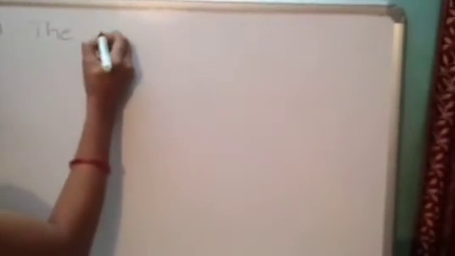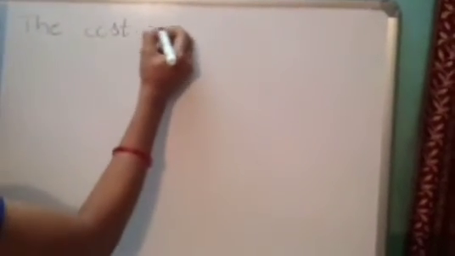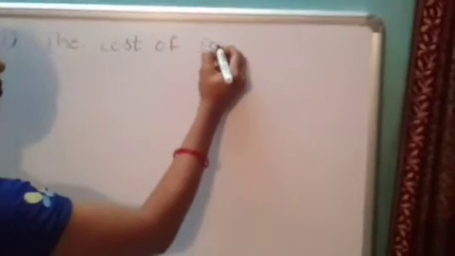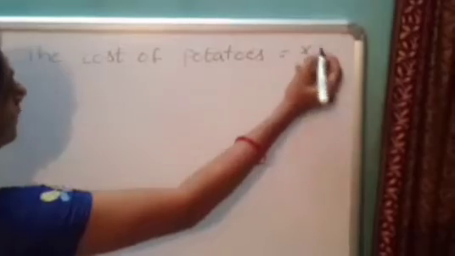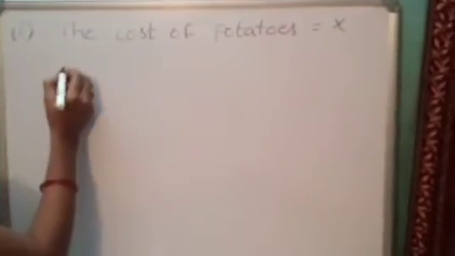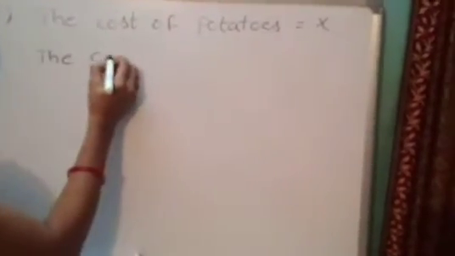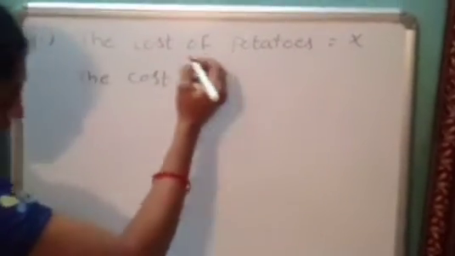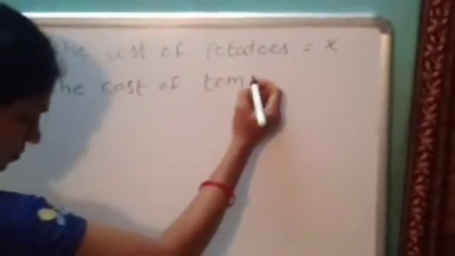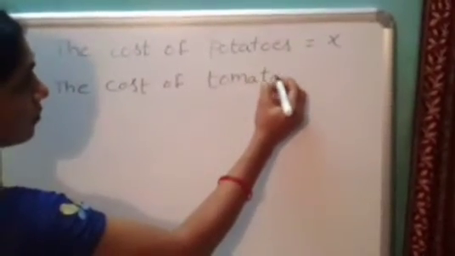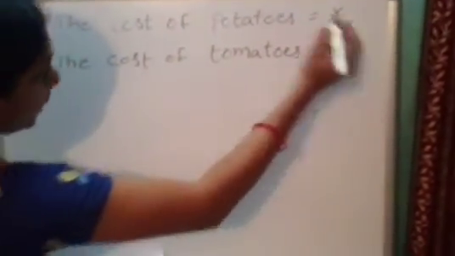First, the cost of potatoes equal to x and the cost of tomatoes equal to y.